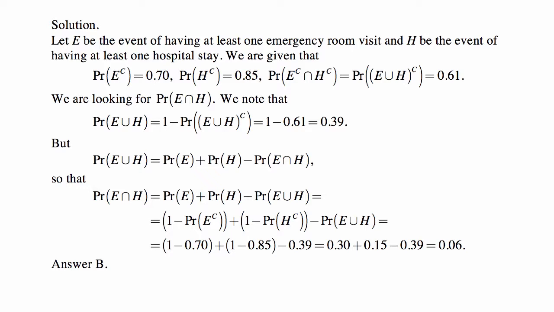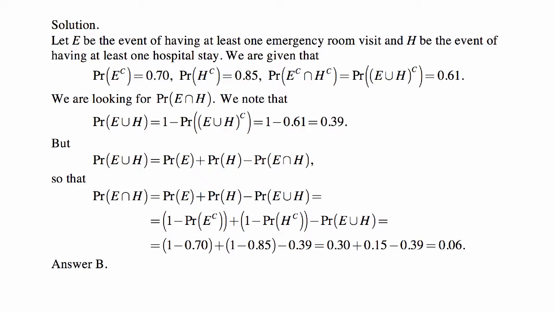But the probability of E union H is 1 minus the probability of complement of that union, so it's 1 minus 0.61, or 0.39. And the probability of a union is probability of E plus probability of H minus probability of intersection of E and H, so that the probability of intersection is probability of E plus probability of H minus the probability of the union.